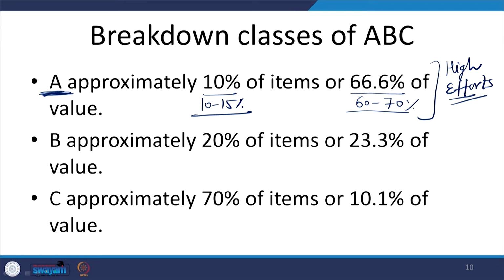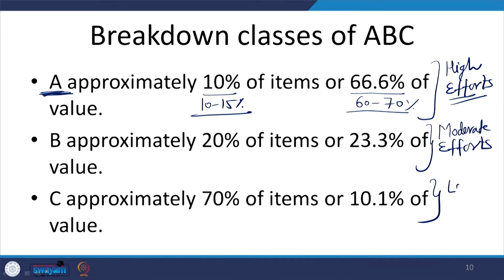B items have 20% items and around 20% of value. So, moderate effort. And C items are large in number, 70%, and their value is very less, around 10%.